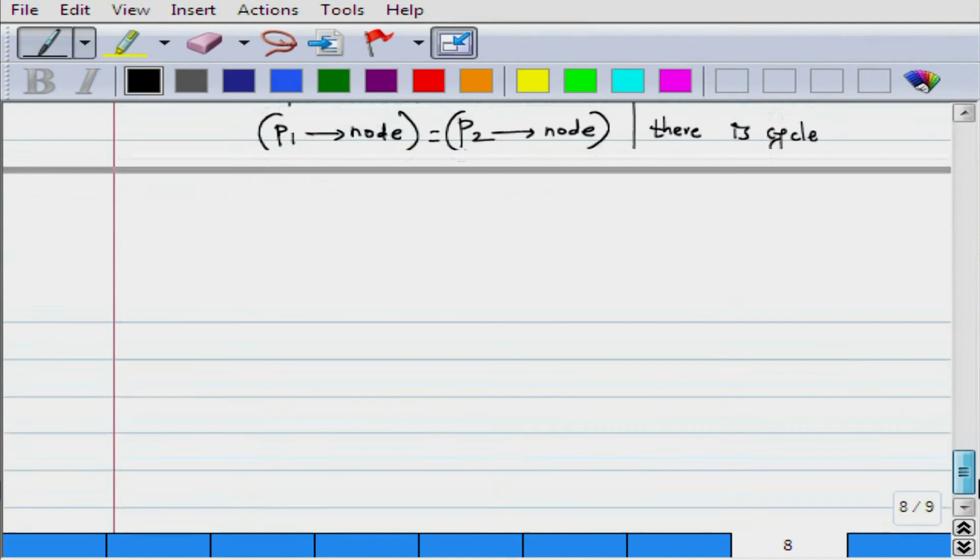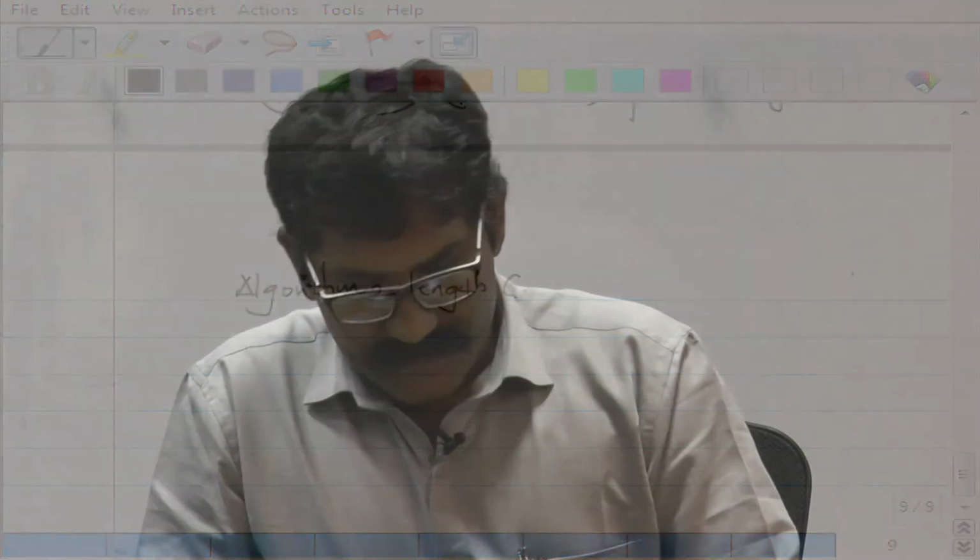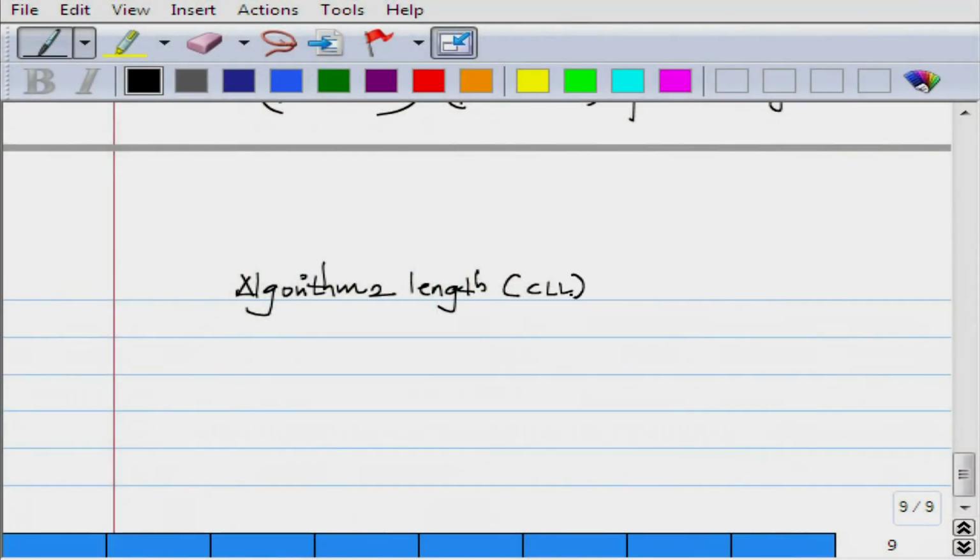Am I right? So, here my second algorithm, I will write algorithm 2, which is going to find out the length in a circular linked list.